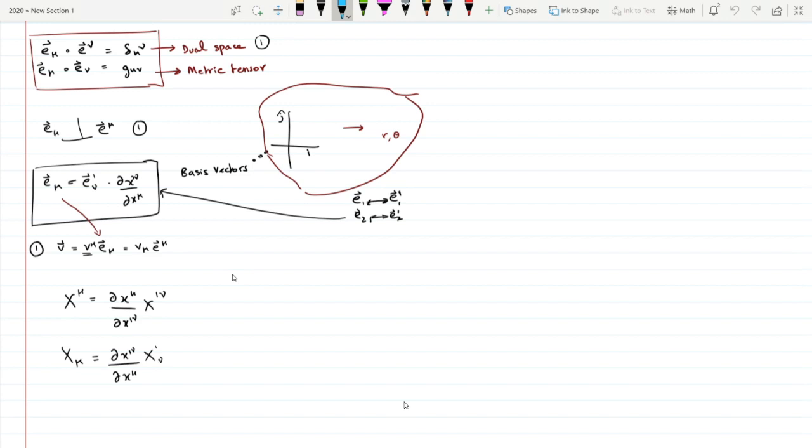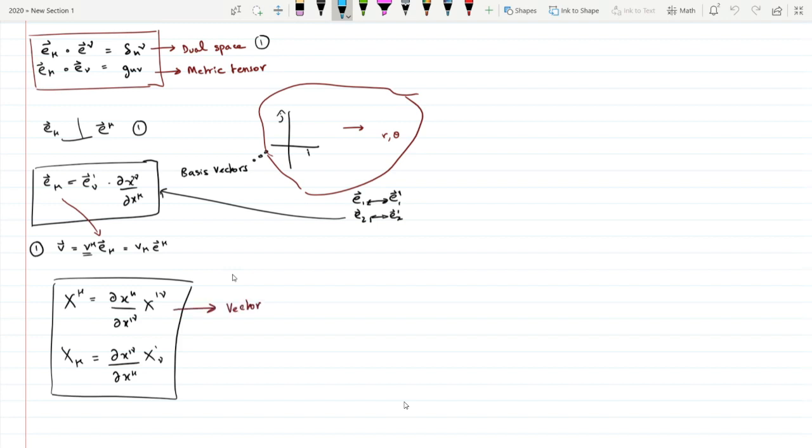And the way we do this is essentially to substitute the change of basis into our vector expansion. And this is how you can define vectors in GR. What I mean by that is that any quantity that transforms in this way under a change of coordinates is known as a vector.